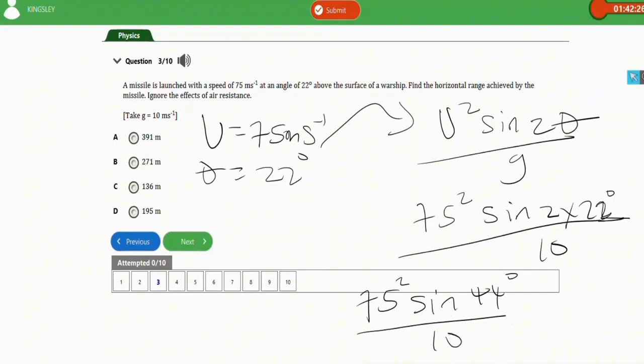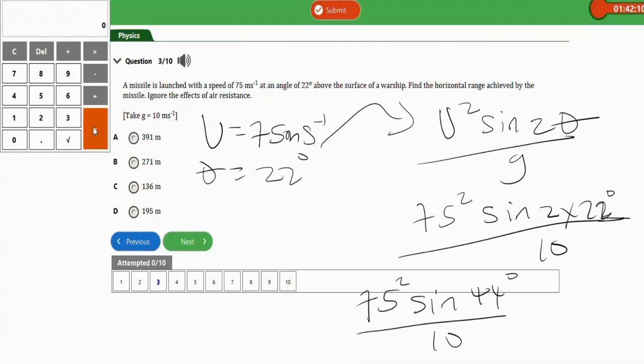Let's punch this on the calculator. 75 square is 75 times 75. Now sine 44, unfortunately you guys don't have a scientific calculator here. So when you check sine 44 on a scientific calculator, you're going to have 0.6946 if you are leaving it at 4 decimal places. So let's punch it and see what it gives us. Then divide this by 10.